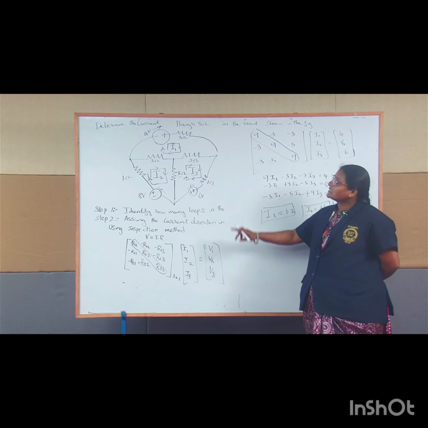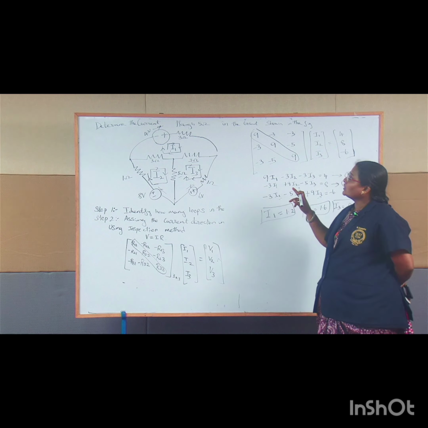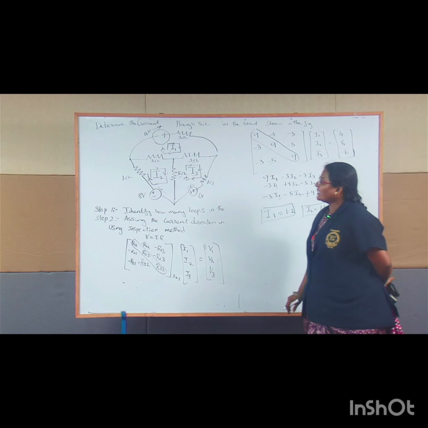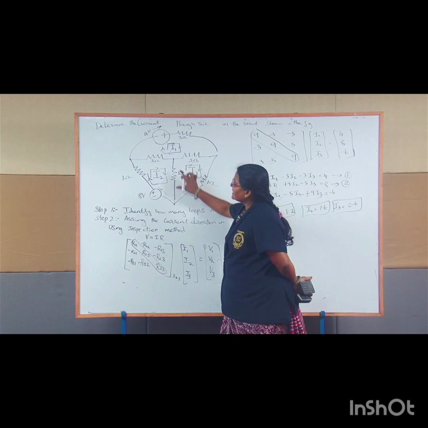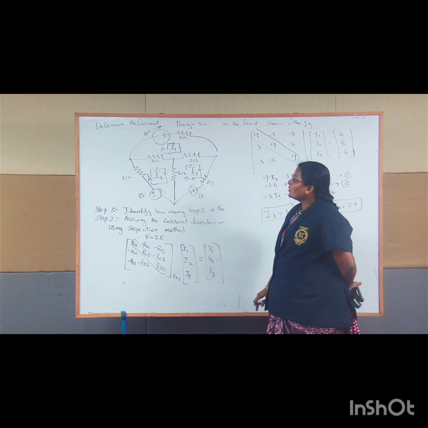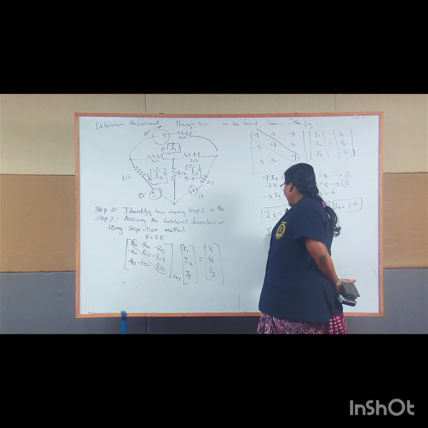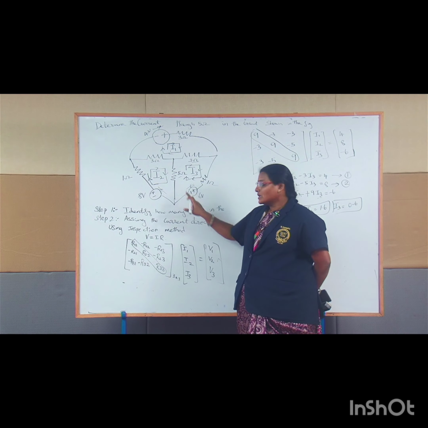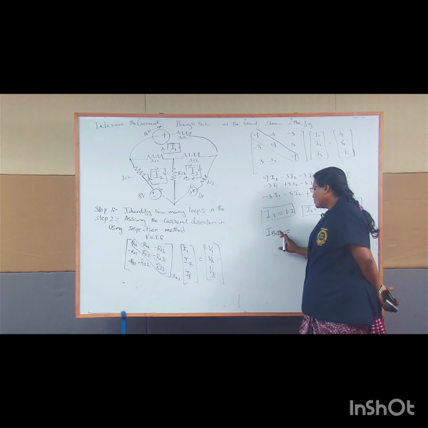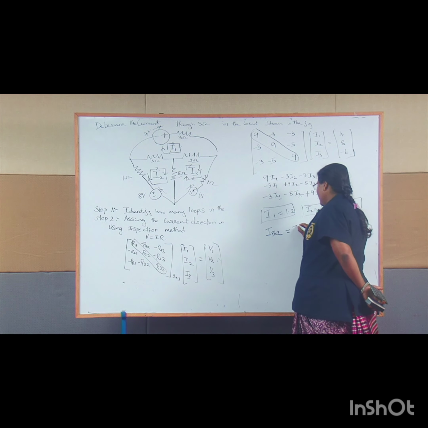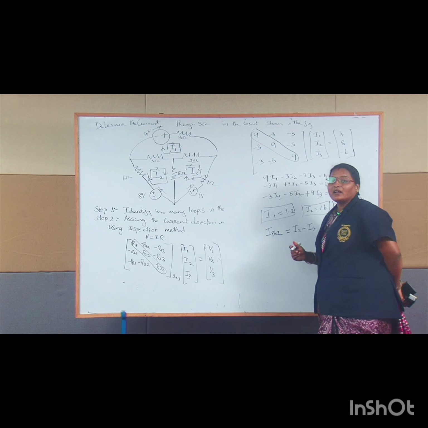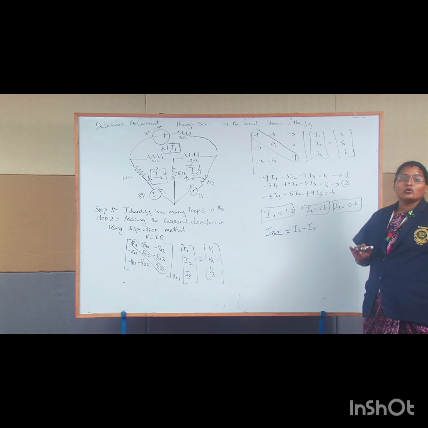But the question is, determine the current flowing through the 5 ohm resistor in the circuit. The 5 ohm resistor is present here, right? So you can find out I5 ohms. You know your loop current I2 and your loop current I3. So the current flowing through the 5 ohm resistor, you can write I2 minus I3, or you can write I3 minus I2 also.